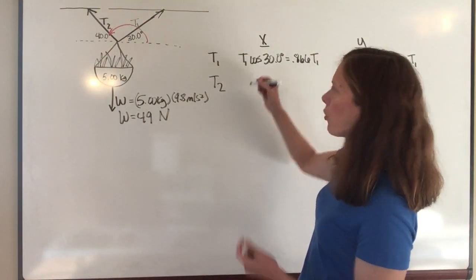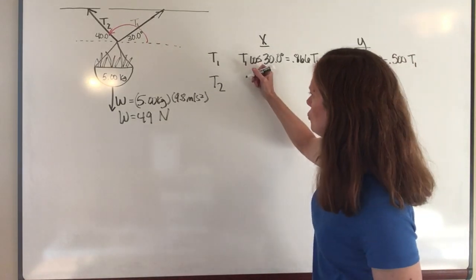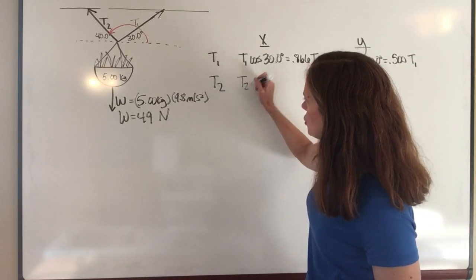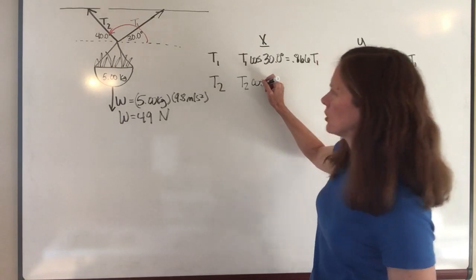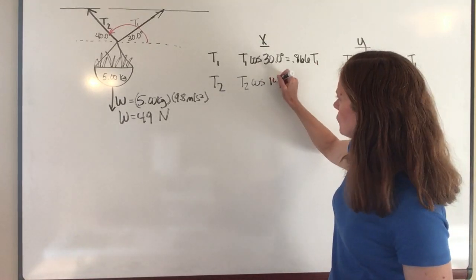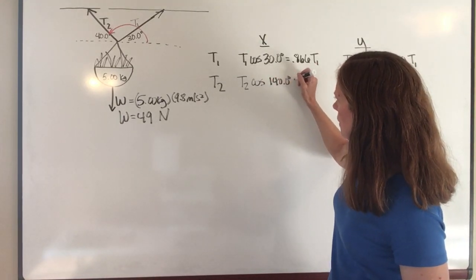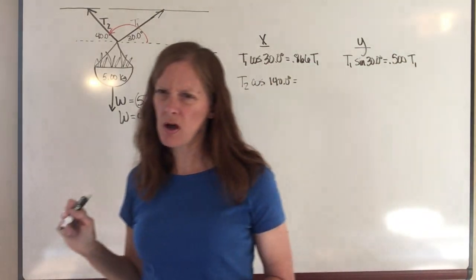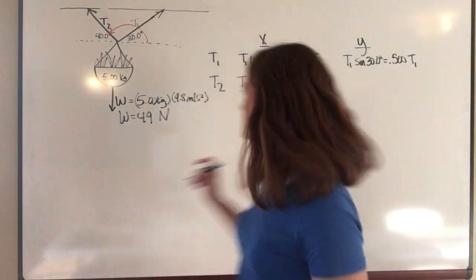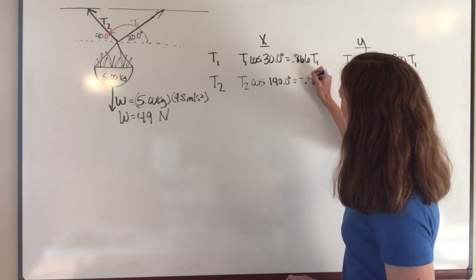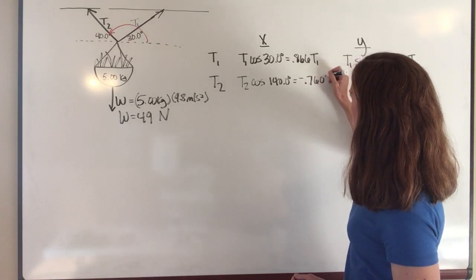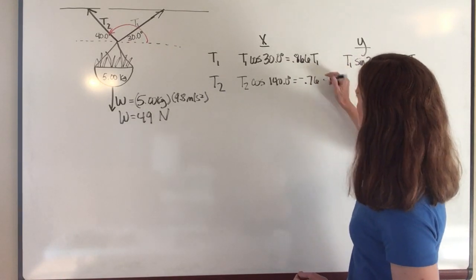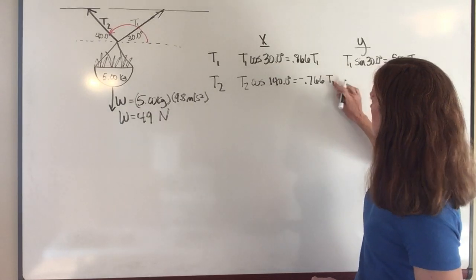So the horizontal component of T2 is going to be T2 times the cosine of 140 degrees. And the cosine of 140 degrees is a negative 0.766 times T2.